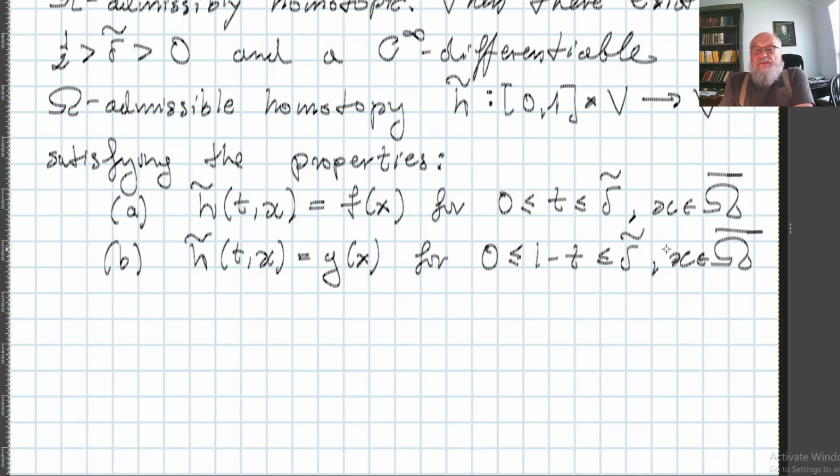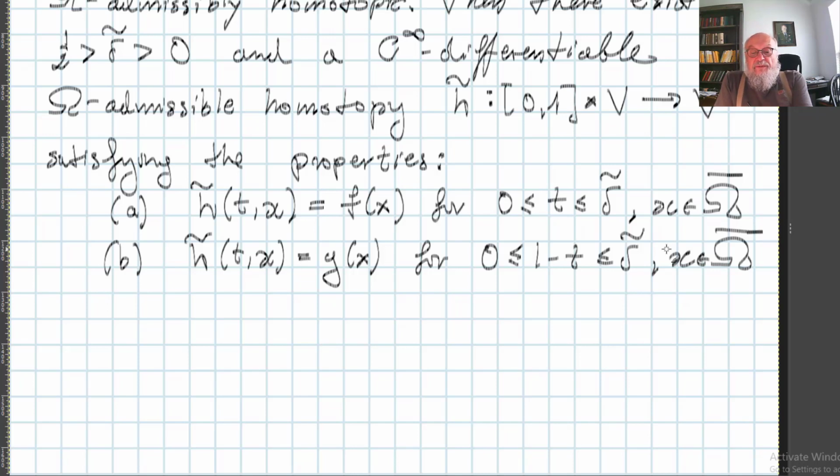So basically in this statement we simply say that any homotopy of two smooth maps F and G can be corrected to a smooth homotopy.